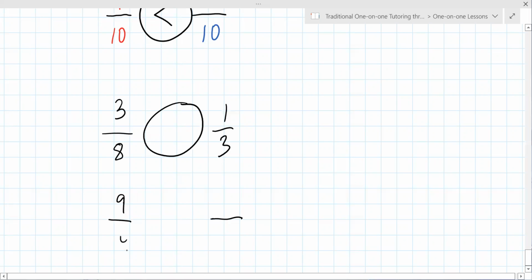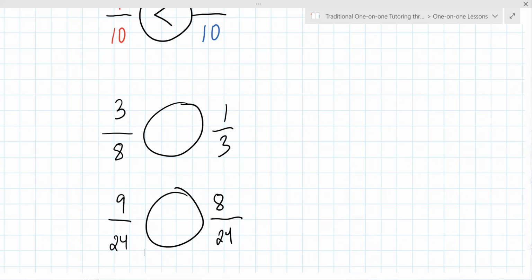Good. Okay. And how about on the right here? What is this fraction? 8 over 24. Good. Okay. Now, same question as before. What goes in the middle? Is it bigger than or less than? Greater than. Yes. Very good.